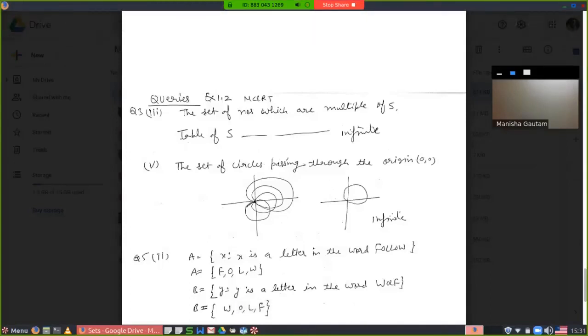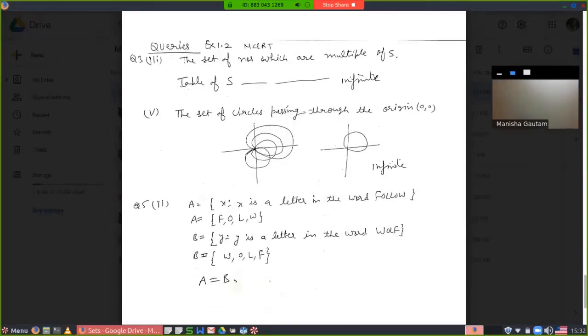When you pass a circle through the origin, how many circles can you draw? You can draw infinite circles which pass through the origin. So it is also an infinite set.